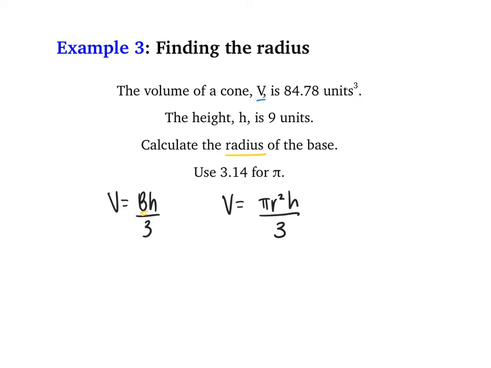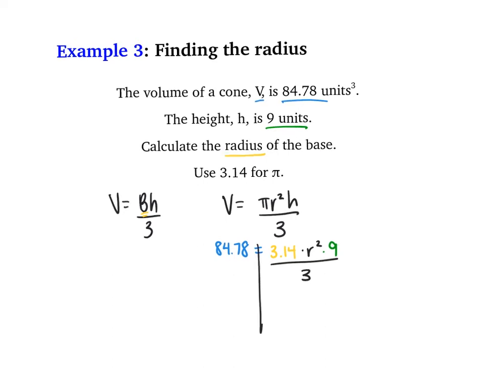Once I have that, I'm going to plug in the information that I know. So for V, I'm going to put this 84.78. For pi, I'm going to use 3.14. I don't know my radius, so I'm going to keep that there for now. And then it says the height is 9. And all of that is over 3.